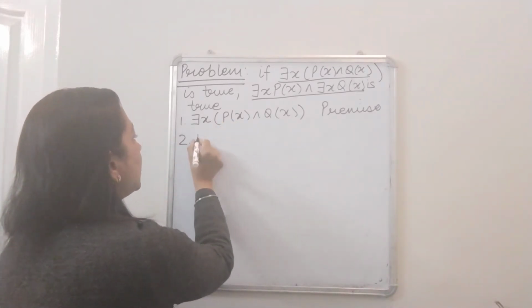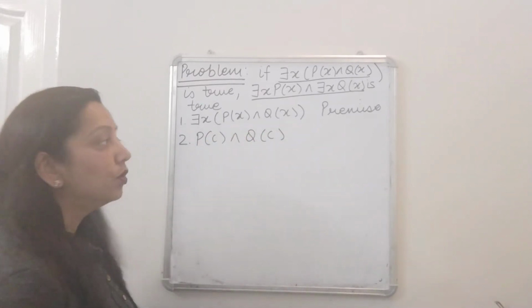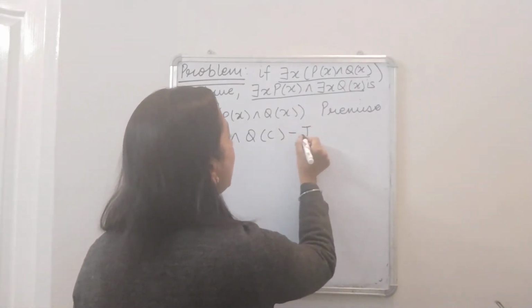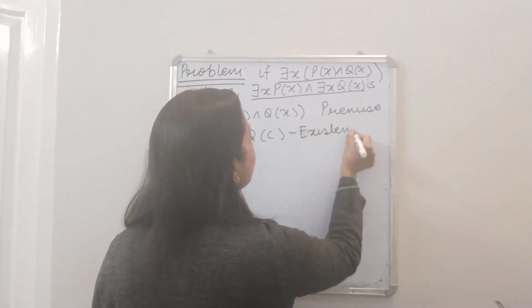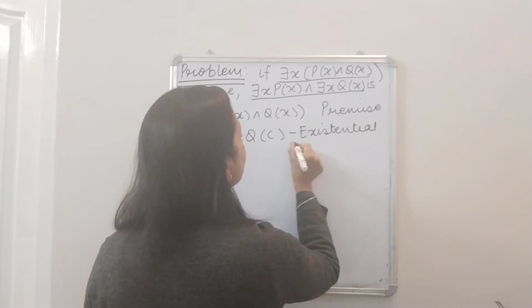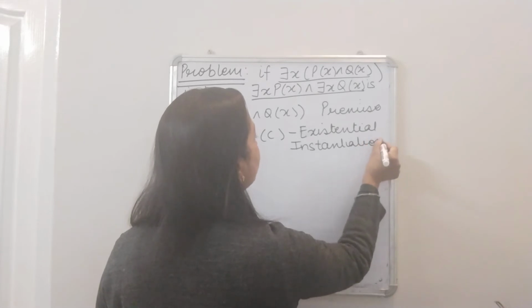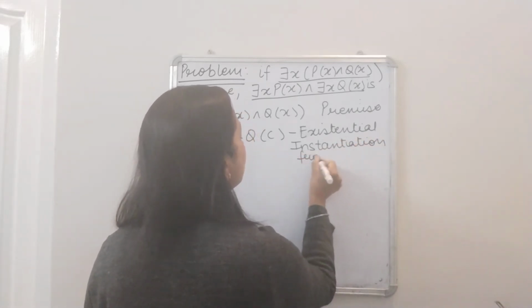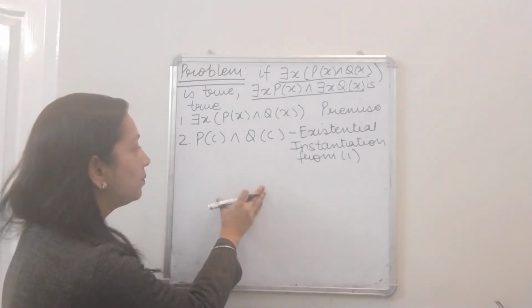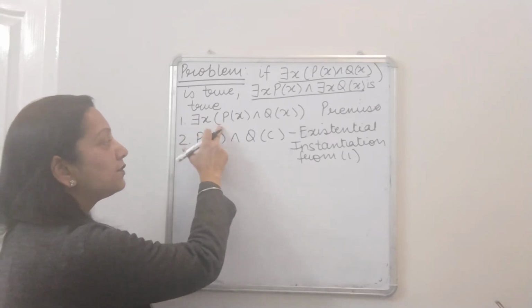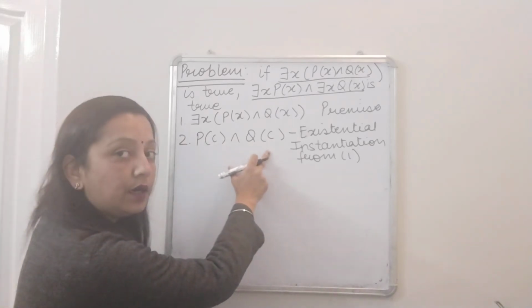So I can write it down as P(c) and Q(c). I have applied existential instantiation from the first premise. So after applying existential instantiation on the first premise, I can say that if there exists some x for which P(x) and Q(x) are true, then there also exists some c for which P(c) and Q(c) are true.